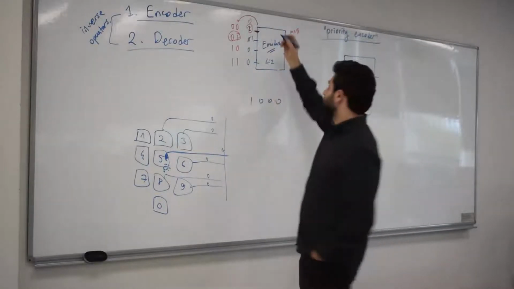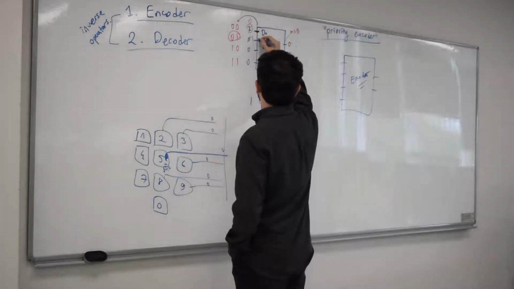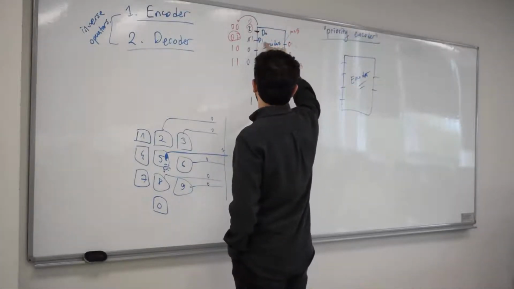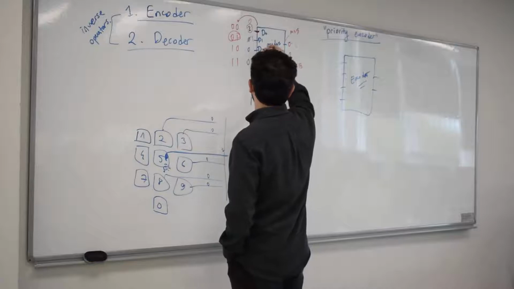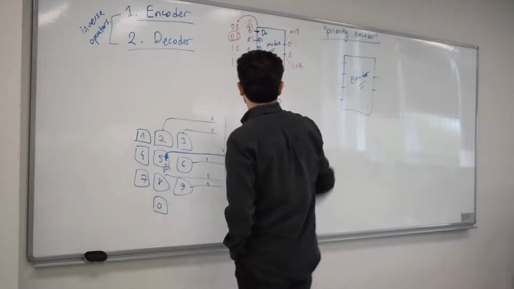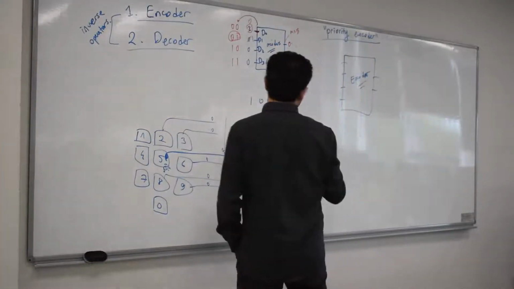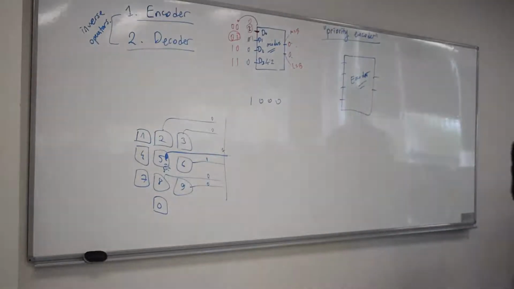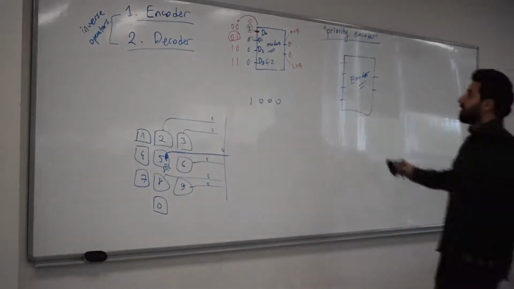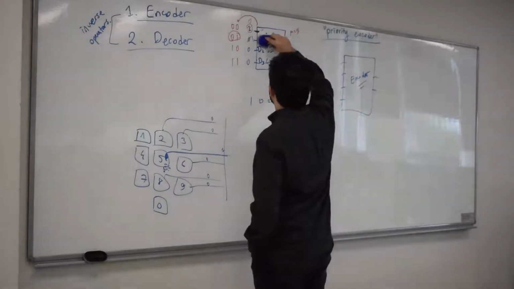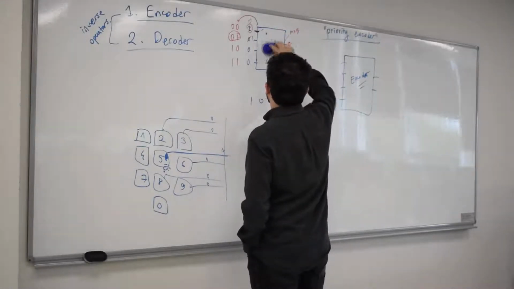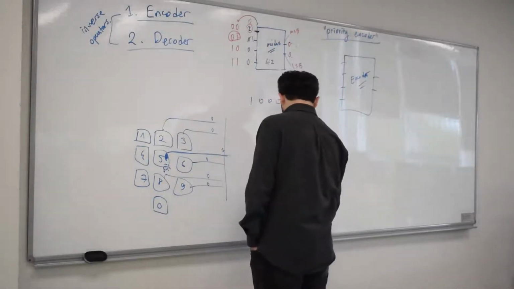It would be a good practice to name inputs: D0, D1, D2, D3, let's say. Or maybe you can use E, which might be more appropriate here, because we're talking about encoders. So let's just use E.